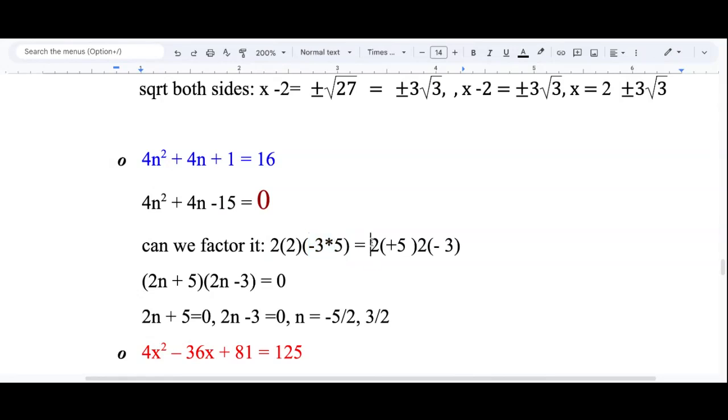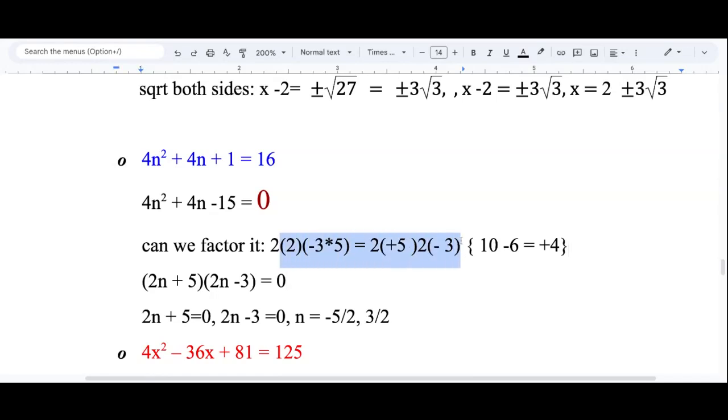Now I could think, okay, if I make 2 times 5, positive 5, then 2 times negative 3, I see 2 times 5 is 10. 2 times negative 3 is a negative 6. So that's bingo. So that means 2 times 5 is 10, minus 6 equals plus 4, the middle term.